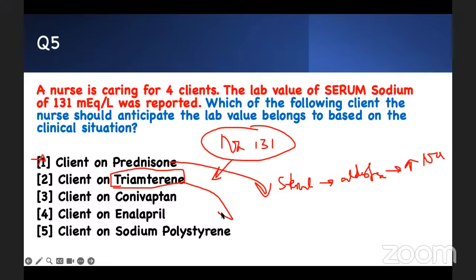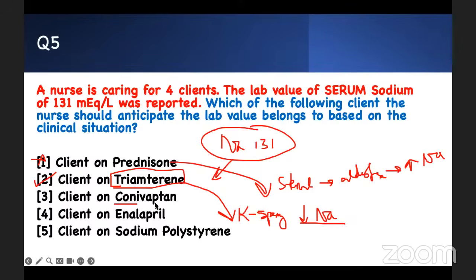What do you think this medication is? It's a potassium sparing diuretic. What does potassium sparing do? When you spare potassium, you lose sodium. Sodium goes down. So those cause hyponatremia.